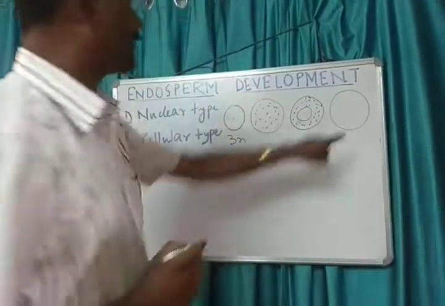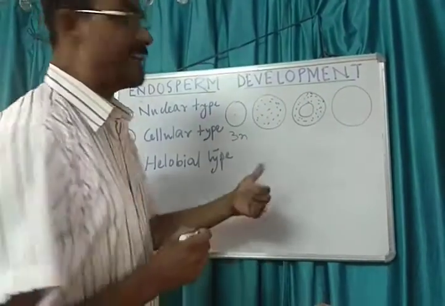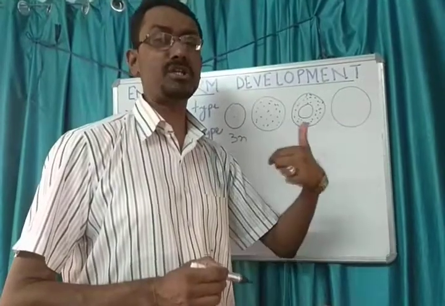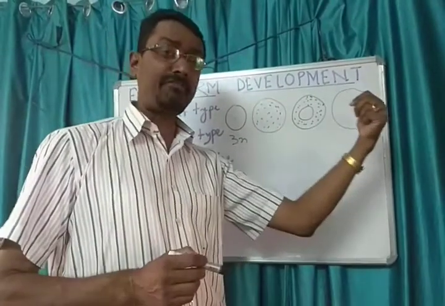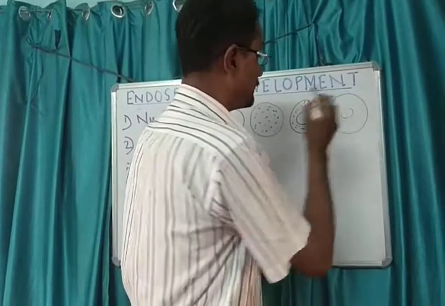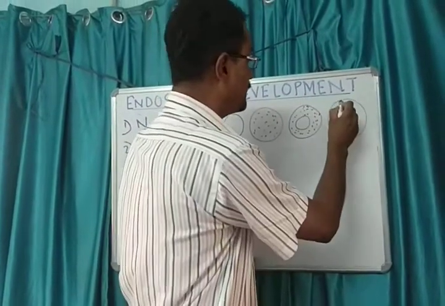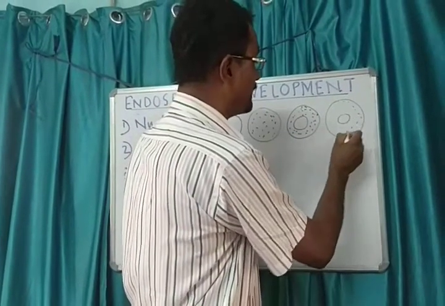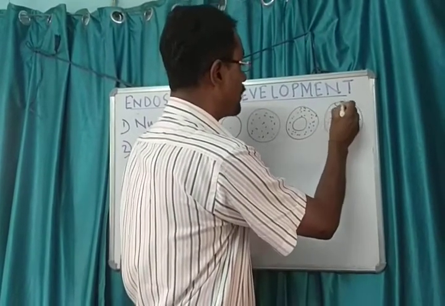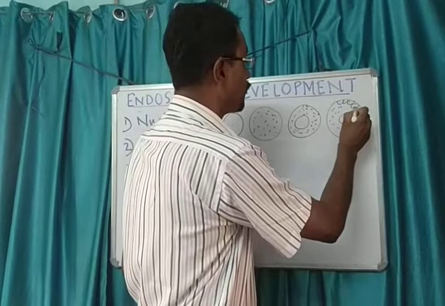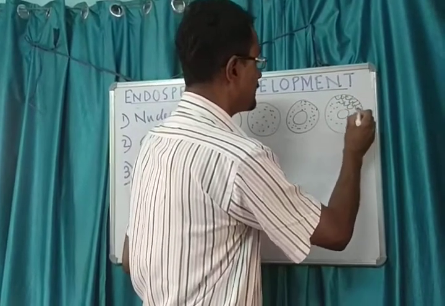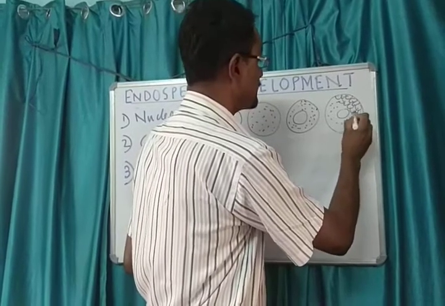Finally, what you are finding here is the wall formation, cytokinesis. The wall formation starts from the periphery towards the center. That means here the vacuole will be there, and you can see the nuclei are pushed towards the periphery. Now there will be wall formation from the periphery towards the center.